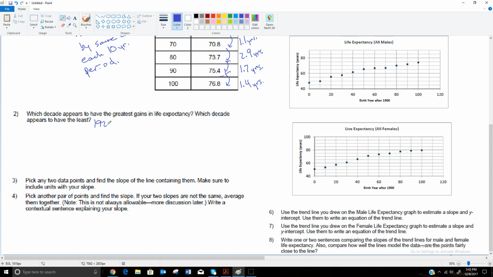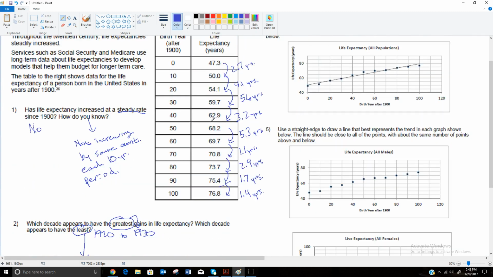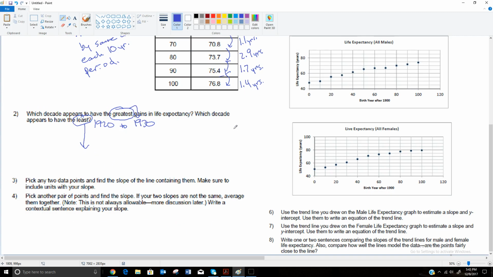That would be 1920 to 1930. The greatest is this; the least is going to be, was it 1.1? So that would be 1960 to 1970. The difference between being born in 1960 versus being born in 1970 was not that great of an increase.